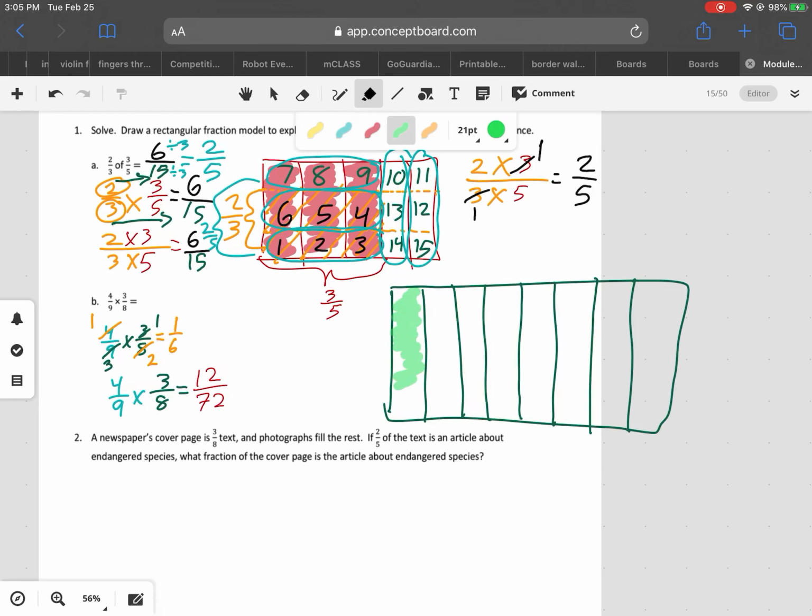So there is my 8ths. I'm going to go ahead and shade in 3 of them. 1, 2, 3. And then I am going to cut it into 9ths. So I'm going to first cut it into 3rds. And each 3rd I'm going to cut into another 3rd.